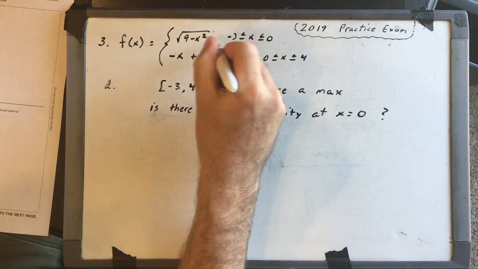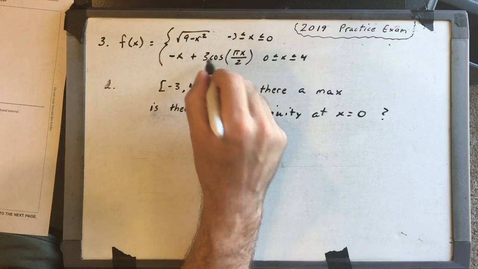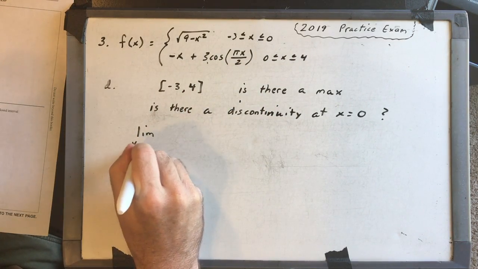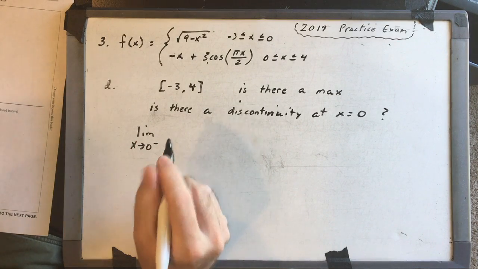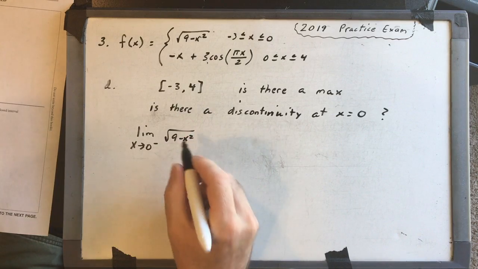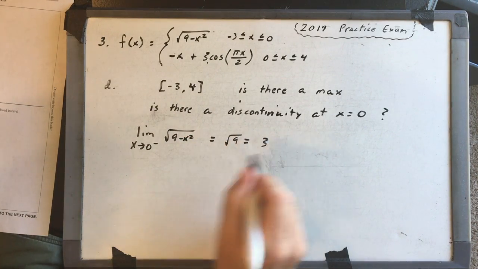To do that, you take the limit as x approaches 0 from both the left and the right side. The limit as x approaches 0 from the left of the square root of 9 minus x squared: just plug in a 0. That's the square root of 9, which is 3.